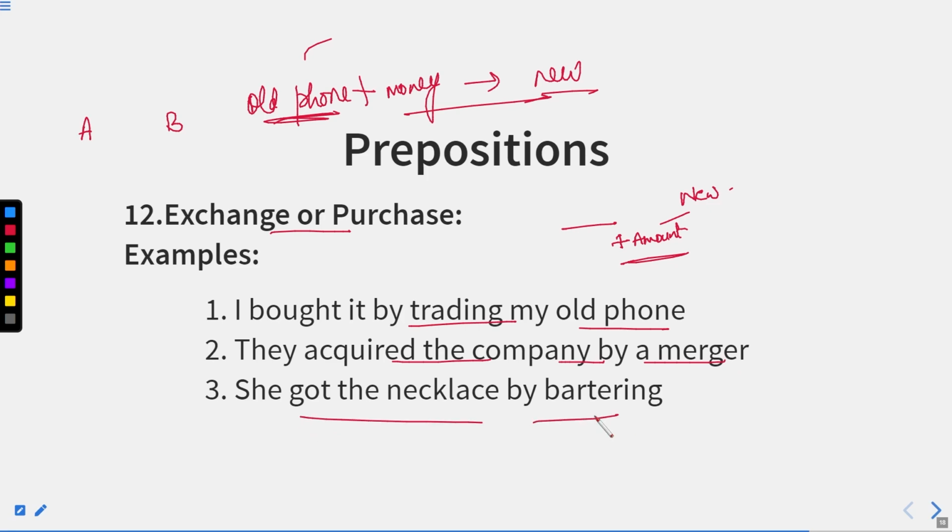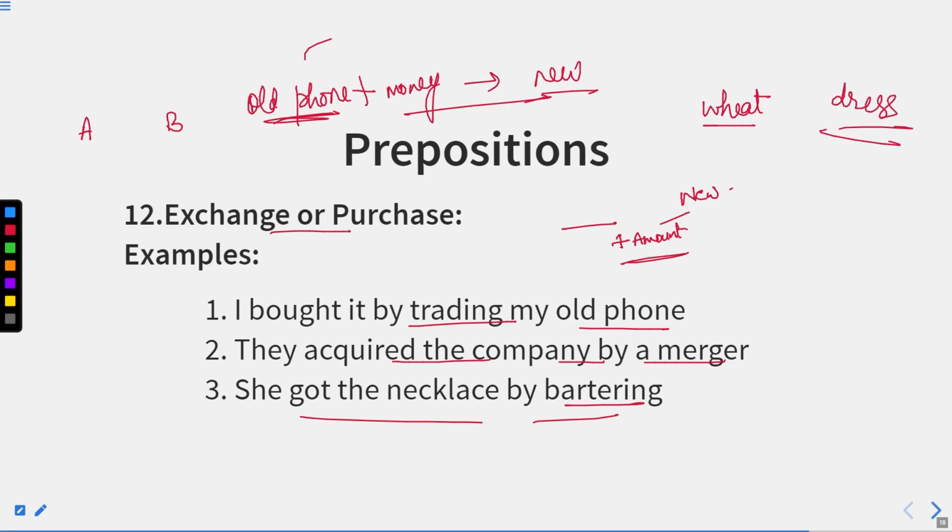She got the necklace by bartering. Now bartering is a traditional system of trading. In earlier times, suppose I have wheat and you have some dress and I want this dress.